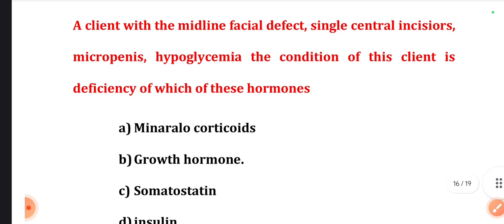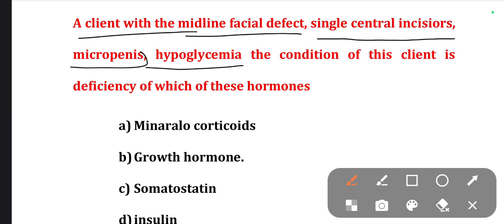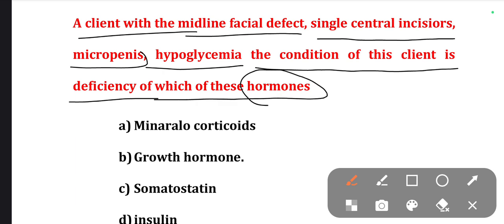The next question is a client with a midline facial defect, single central incisor, micropenis, hypoglycemia. So the condition of this client is deficiency of which of these hormones?